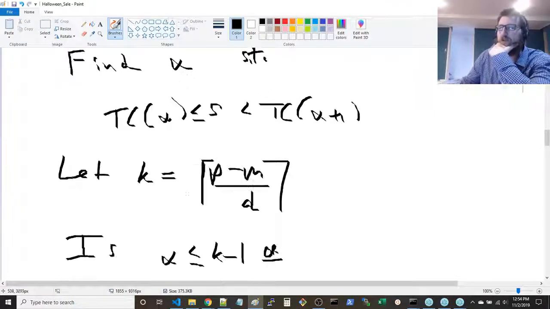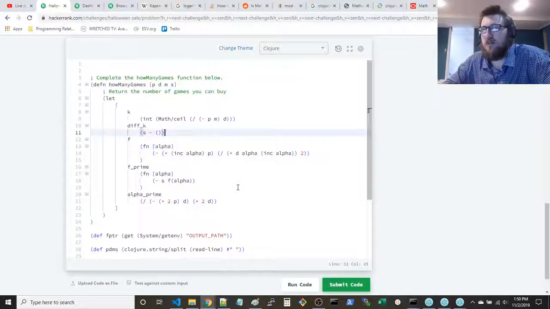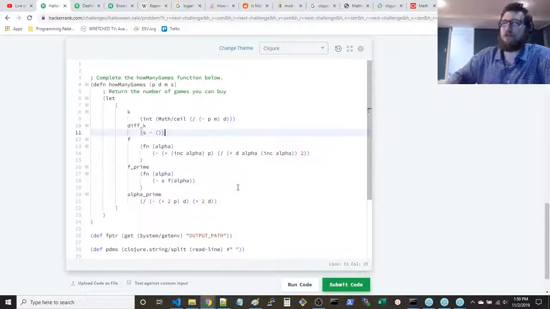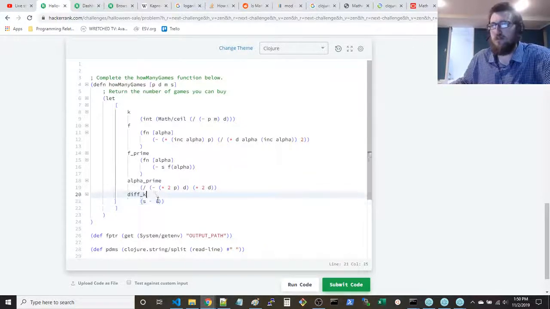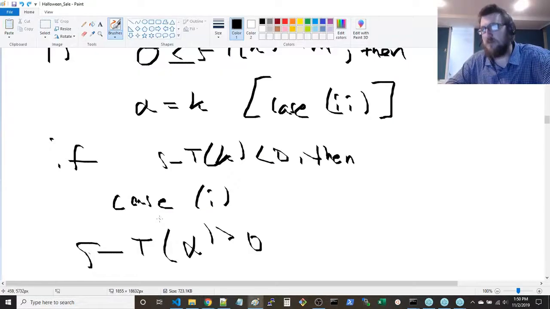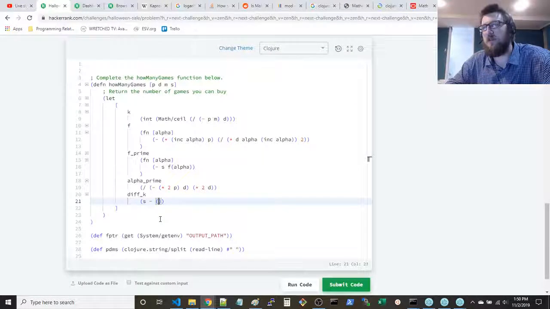We want to find alpha using this piecewise function, and so this is diff k, which is S minus T of k, which is really F prime of k. Just diff k.